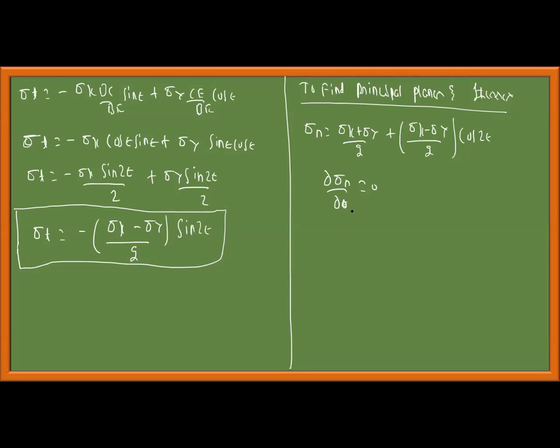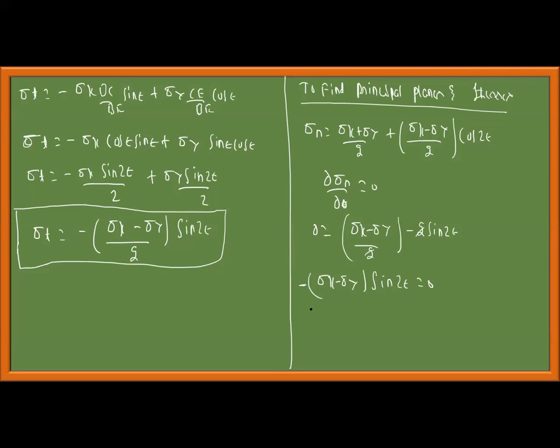Dou sigma n by dou theta is equal to 0, which is equal to sigma x minus sigma y by 2 into minus 2 sin 2 theta, or sigma x minus sigma y times sin 2 theta is equal to 0.